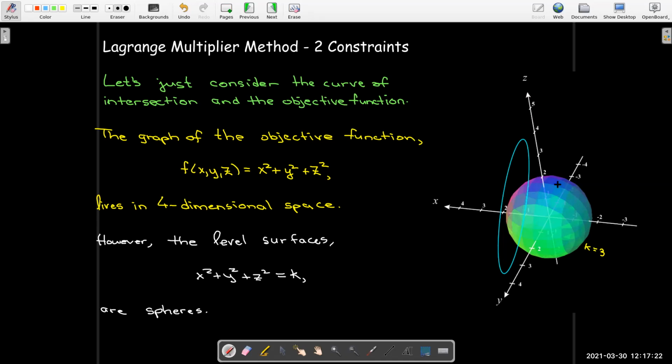So here's one level surface right here, and I believe it corresponds to when k equals 3. So the radius of the sphere is radical 3.